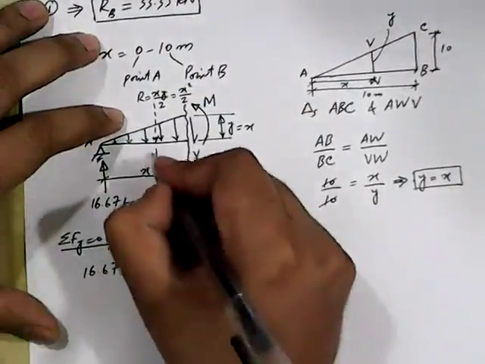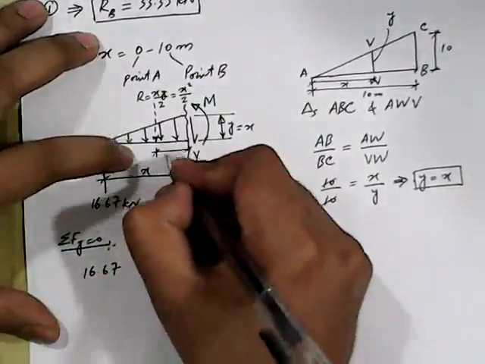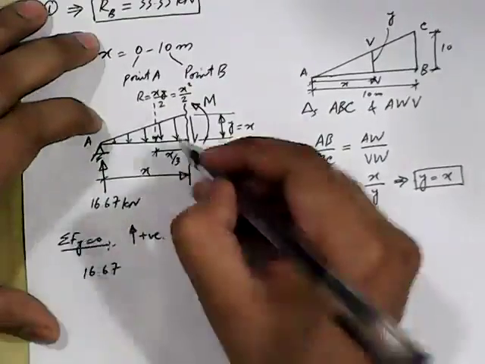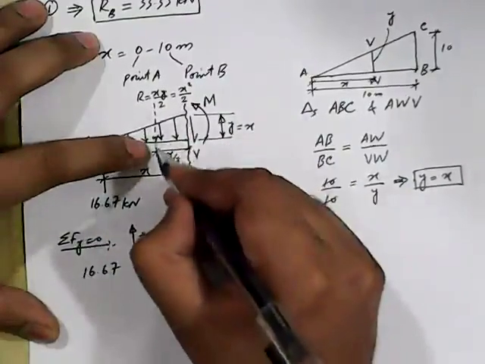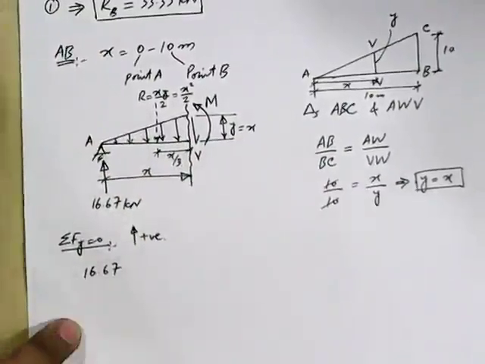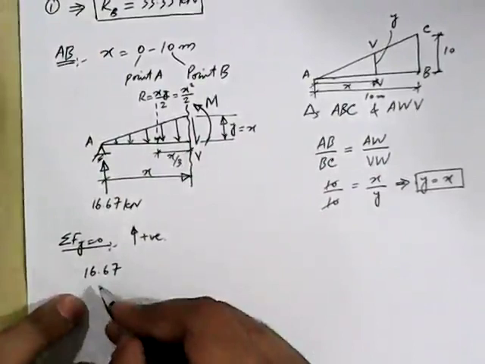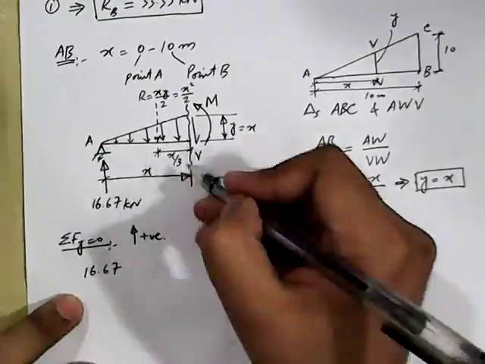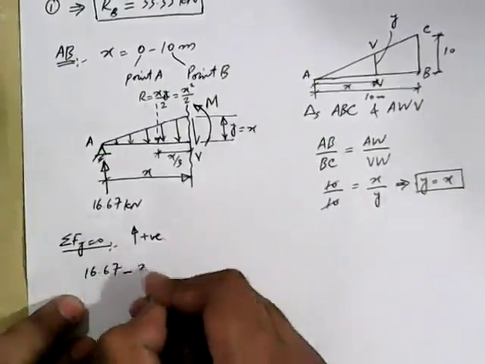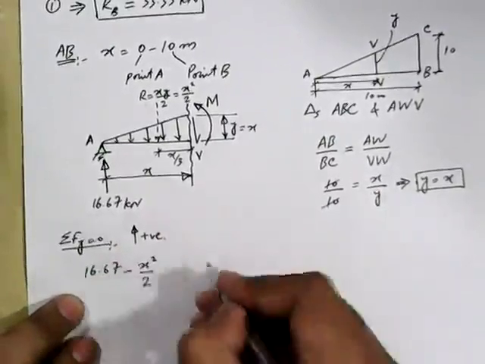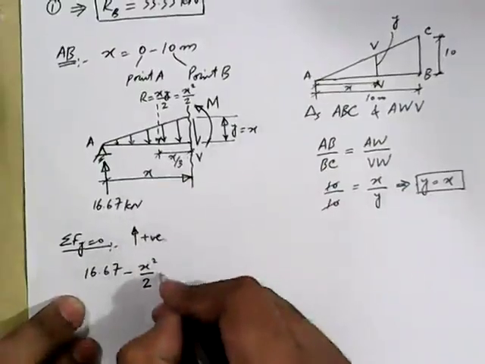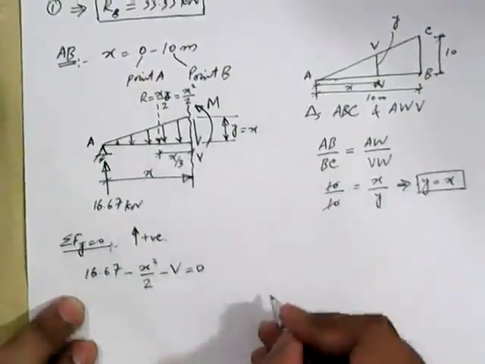And how much will be this distance? This distance will be x by 3, because the base of the triangle is x. So from this side, the location of the centroid will be x by 3. So 16.67, and then this R is acting in downward direction, so minus x square by 2, and then this V is also acting in the downward direction, so minus V, and this is equal to 0.